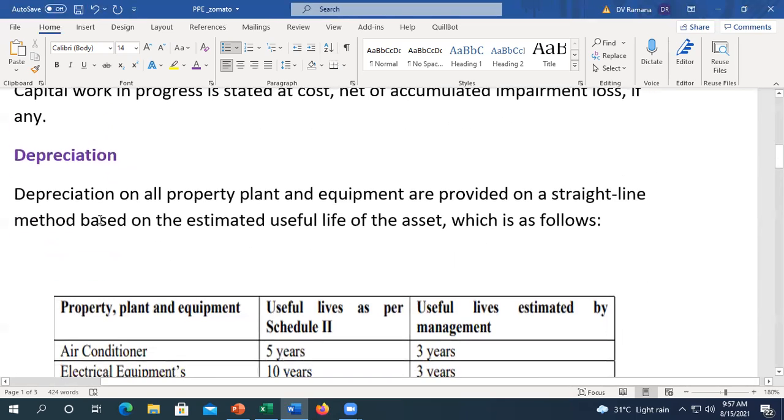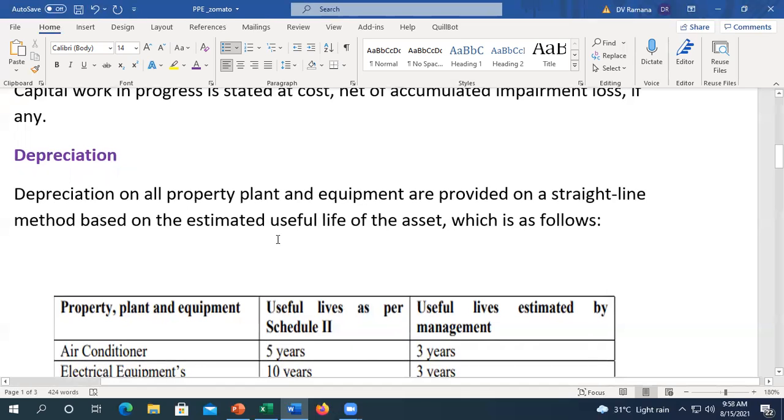Depreciation on all the property and equipment by Zomato is provided on the straight line method. We know that depreciation can be calculated using different methods, but most of the companies that you see will be following the straight line method.